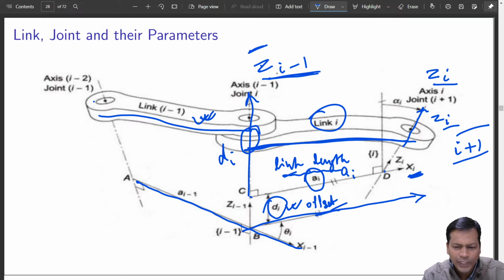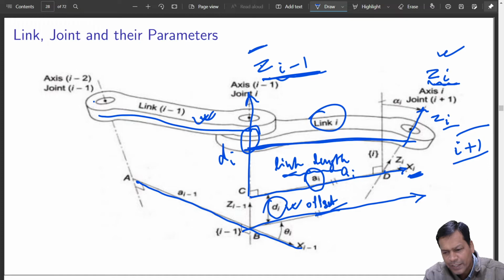You already know where your zi axis is, the axis of rotation or translation. So this is your xi axis.